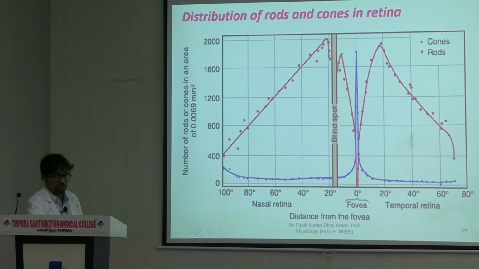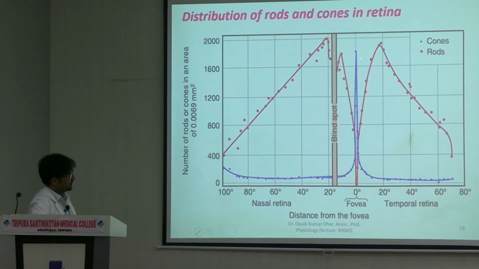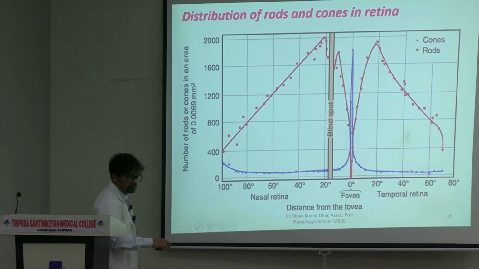So what do you see in this picture? तो fovea में, if you see distribution of the cones and rods, the blue ones depict the cones. Fovea में you can see the highest number of cones are there, and exactly at this point there are no rods, 0, right?